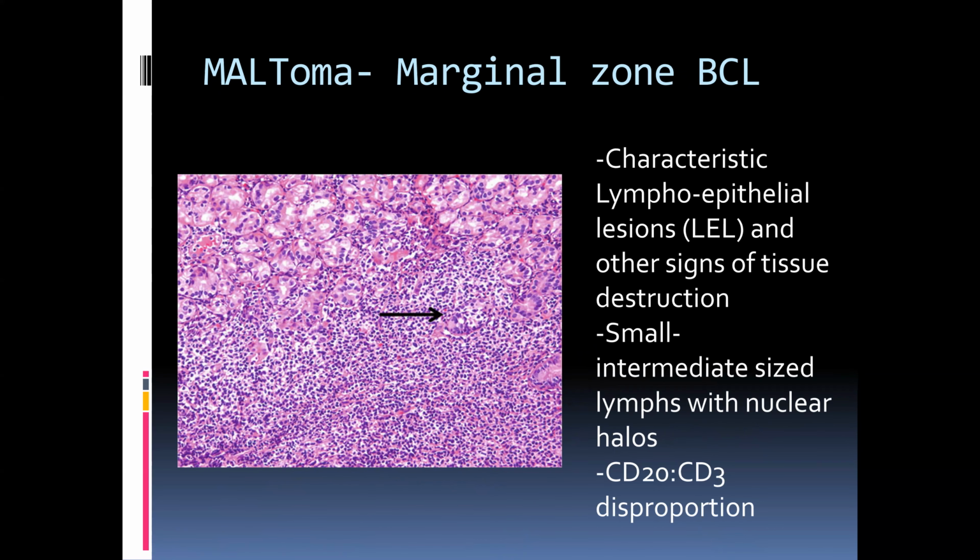These are, again, usually CD20 positive cells, and that's typically what I've used to differentiate them. When you see a predominance of CD20 relative to CD3, which would be the normal component of the lamina propria, then you start thinking about lymphoma.